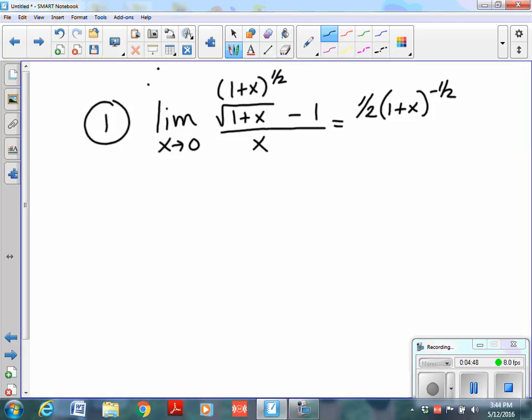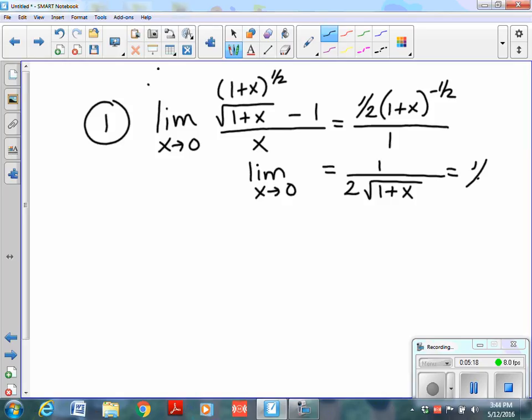The negative 1 drops off over 1, which makes 1, the 2 goes in the denominator, and 1 plus x to the negative 1/2 is the same thing as 1 over the square root of 1 plus x. By taking the derivative of the numerator and the denominator, now I can do the limit as x approaches 0. When I put 0 in, I get the square root of 1, which is 1. I'm going to get 1 for my answer.